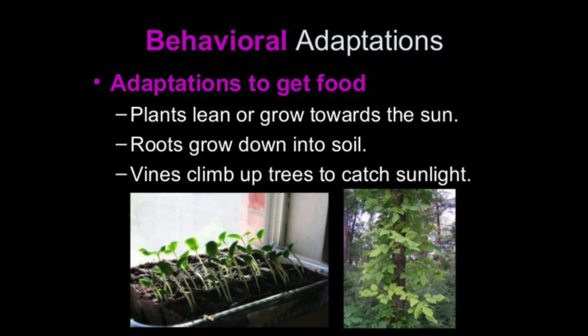Plants lean or grow towards the sun, roots grow down into the soil, and vines climb up trees to get to that sunlight and catch it. If you stay tuned, we're going to do a little experiment, if I can get out in the rain today. We're going to do an experiment with a vine.